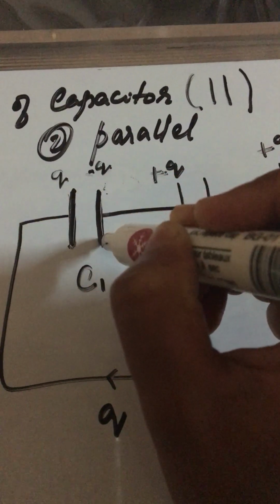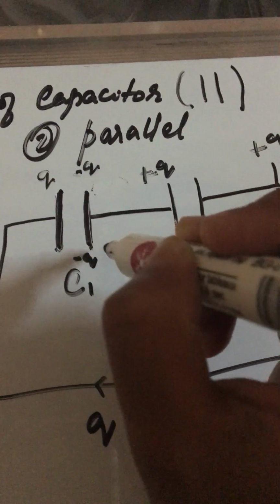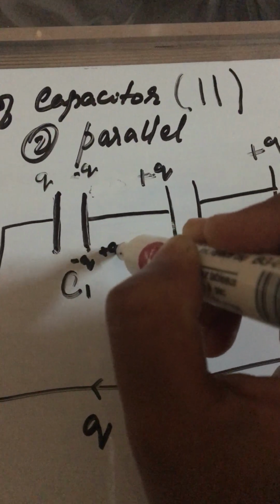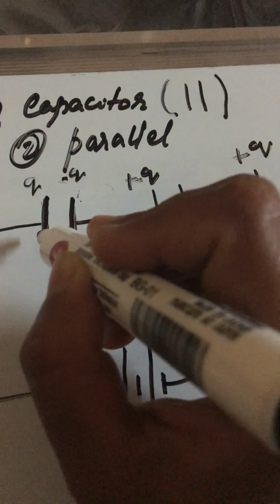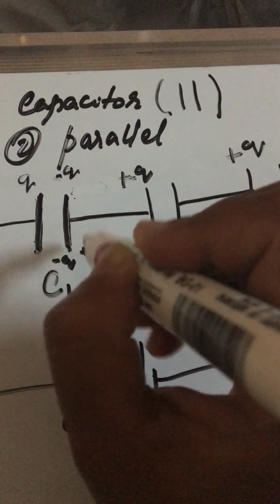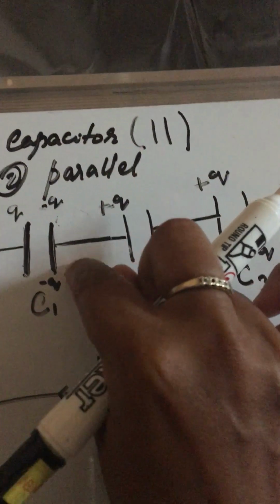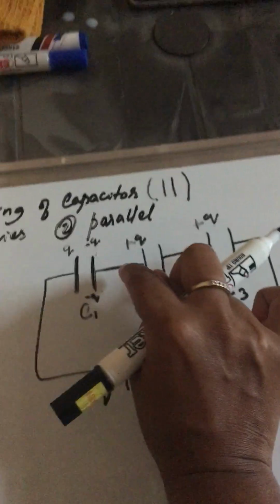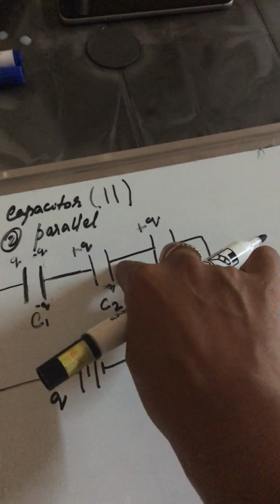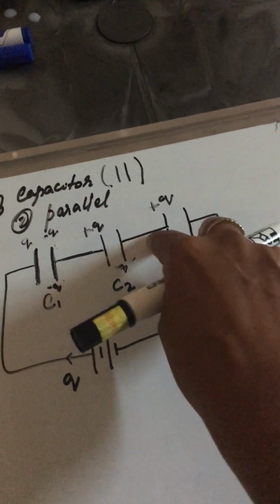Because of induction, the interior of that plate will become negative and the outer will become positive. The interior will stick to it because of the attraction, but this plus Q has the path to go, so it will go here. And this plus Q will induce over here, minus Q and plus Q. Minus Q will remain here, and the plus Q will go here.